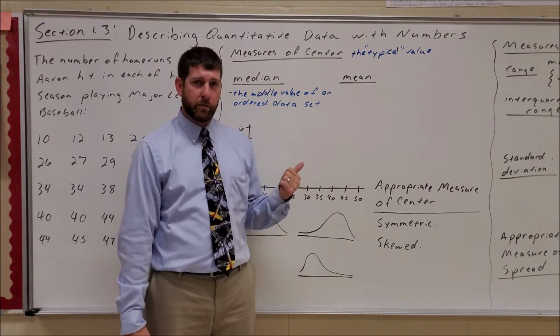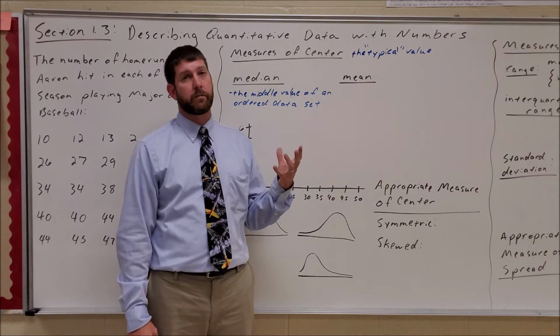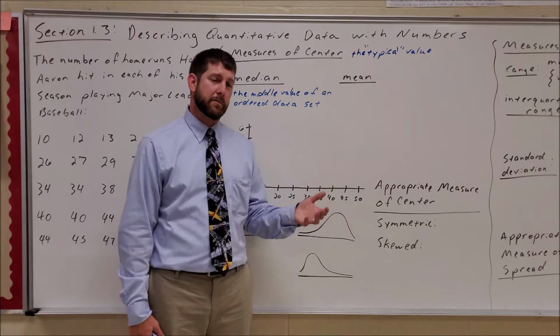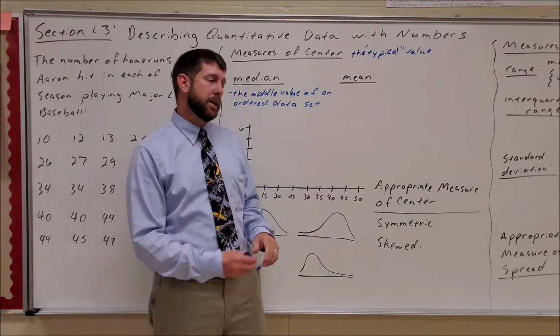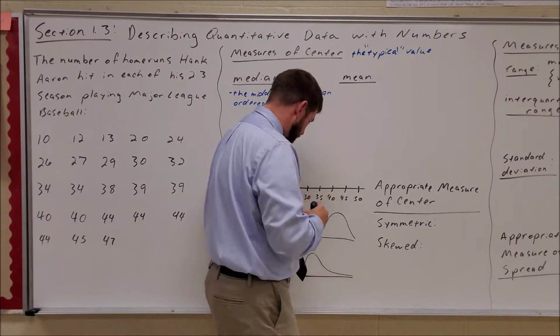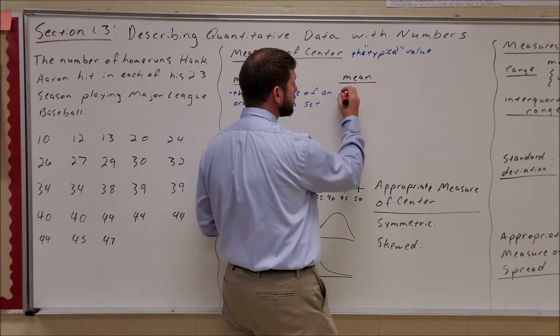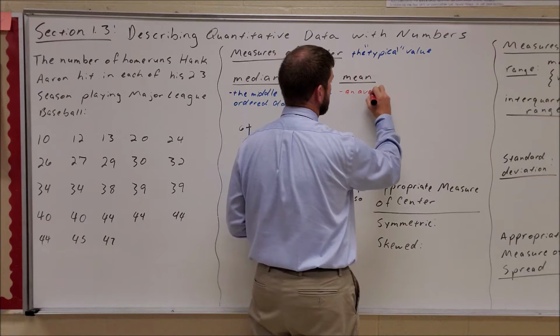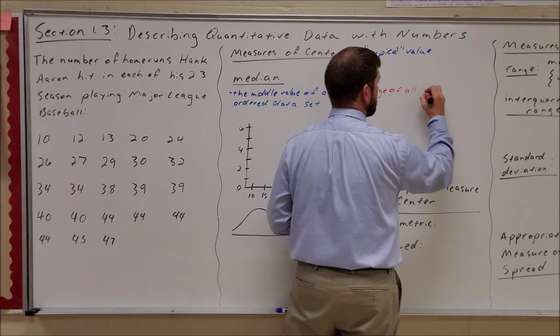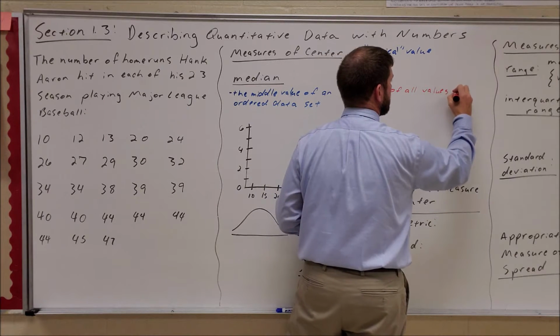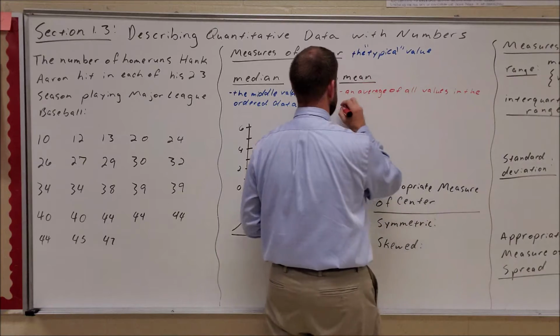All right. The other one that we talk about often, the one that probably most people use, sometimes correctly, sometimes incorrectly, is the mean. The mean is nothing more than an average of all values in the data set.